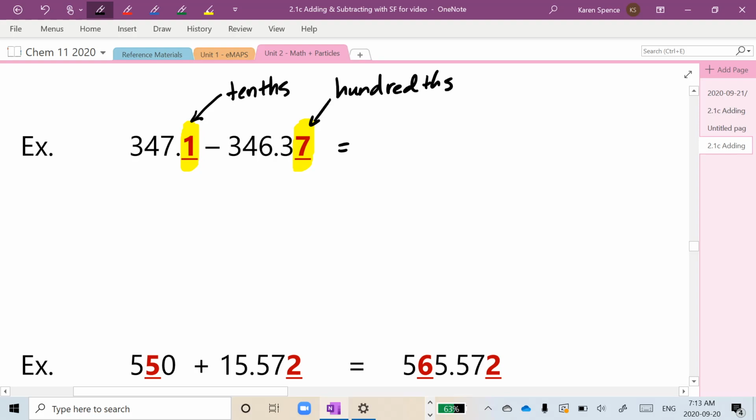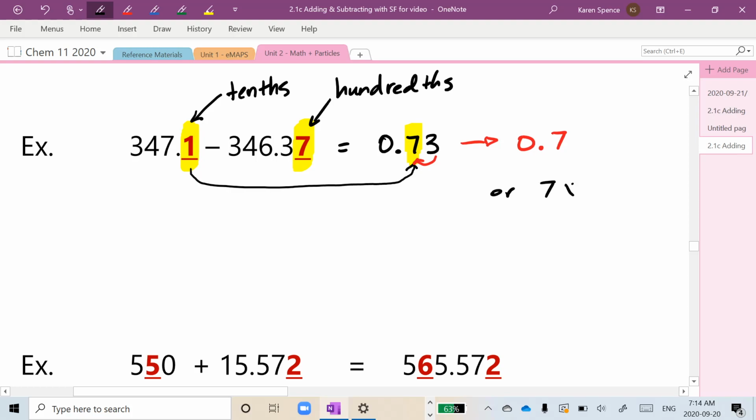I do the subtraction, and I get 0.73. And I say, oh, look, my largest uncertain digit is in the tenths position. So I have to now round to the tenths. Round here. So that's going to then become 0.7. Or you could express this as 7 times 10 to the negative 1.